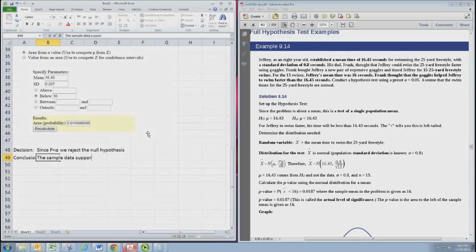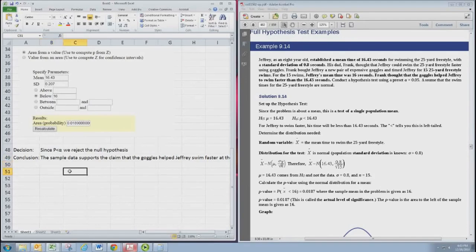Sample data supports the claim that the goggles helped Jeffrey swim faster at the 0.05 level of significance. So something along those lines. Alright, and that's a complete hypothesis test for this problem.